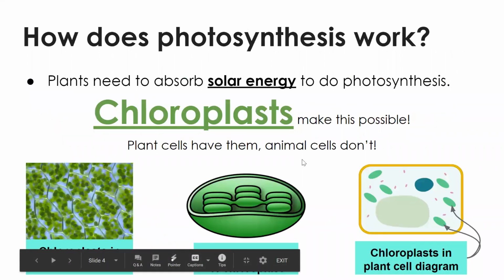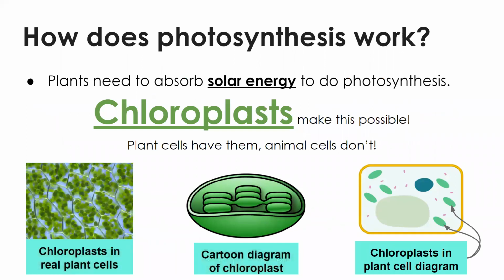So how does photosynthesis work? Plants need to absorb solar energy to do photosynthesis. They need to be able to absorb sunlight in order to make their own food. The wonderful organelle called the chloroplast makes that possible. This is why plants are able to make their own food, because they have chloroplasts. As animals, unfortunately, we don't.